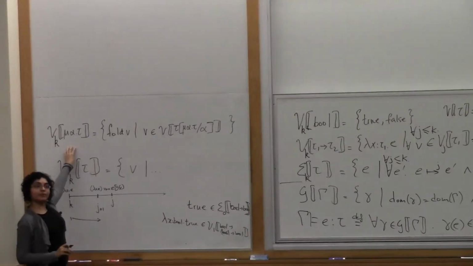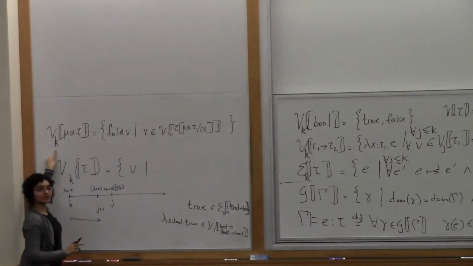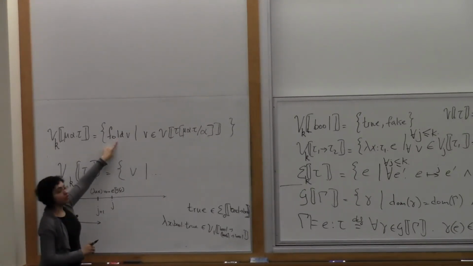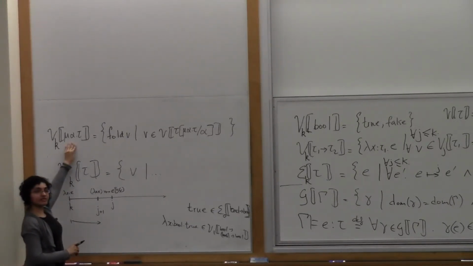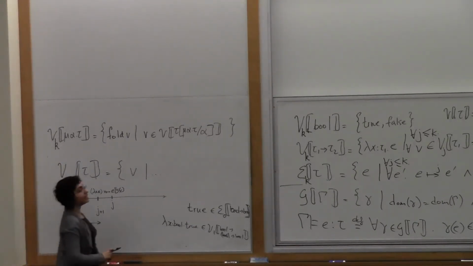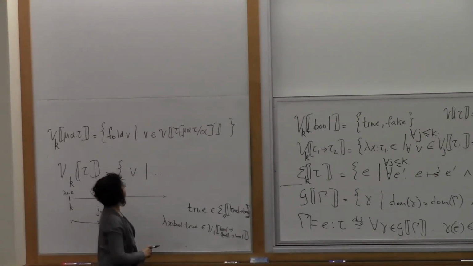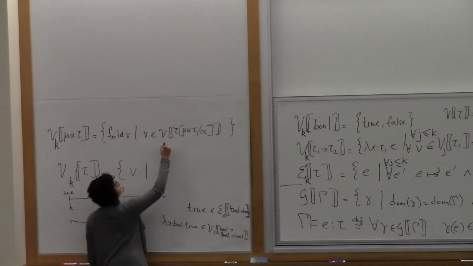Okay. So I'm going to put a K here. This is why we added step indexing at all, right? Because this definition was not well founded. All right. So now let's try to figure out: fold V belongs to this type for K steps if what? Right, we want to reduce the step here.